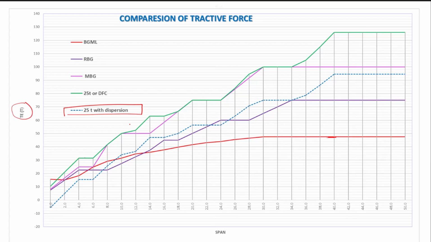So if we reduce the 16 ton or 25%, the dotted blue line we will see. It means our bridges are coming equivalent to this loading. So our bridges are safe in this condition. I will also discuss how the substructure code allows the overstressing. So that way we are saving our substructure also. That we will be discussing in further slides.